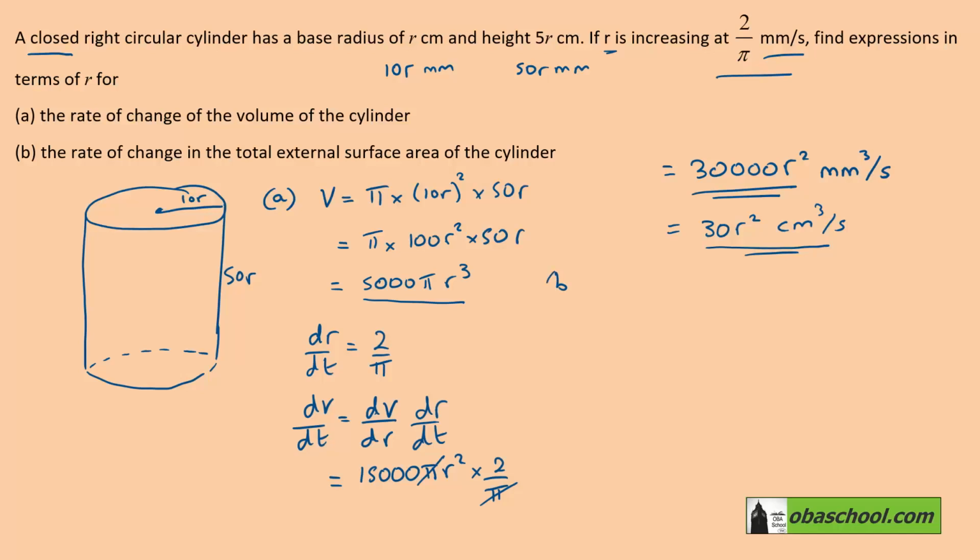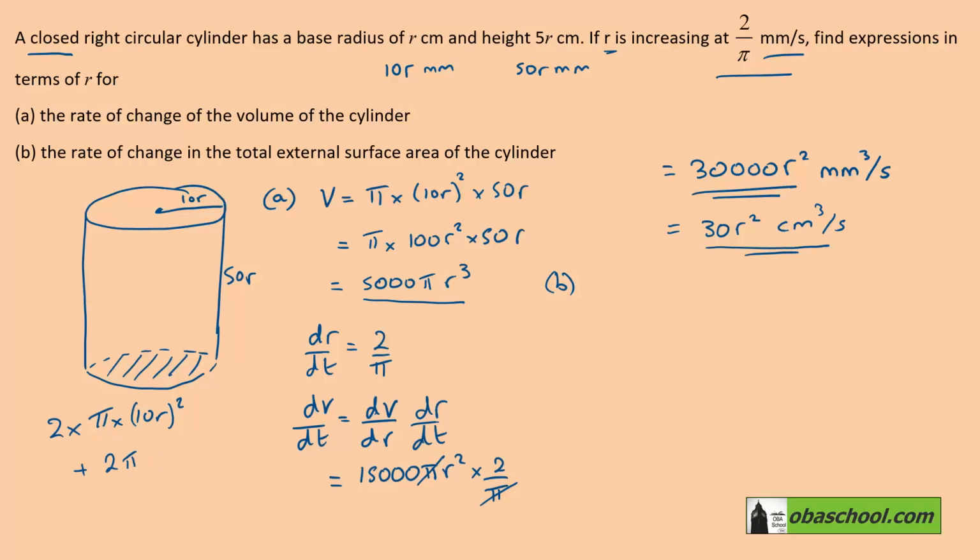Now for part B, the total surface area is going to be pi times 10r squared for a circle on the bottom, and we have one of those on the top as well. And then we know that it's 2 pi rh for the curved surface.